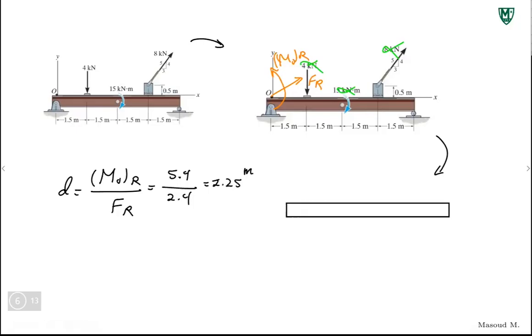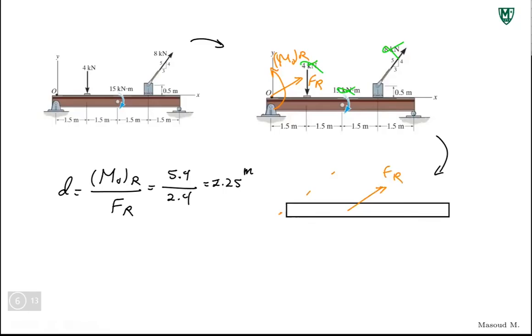So if I move this distance, I'll put the force somewhere here, let's say, distance D. I don't know how far it's going to be. As long as the perpendicular distance is correct, right?